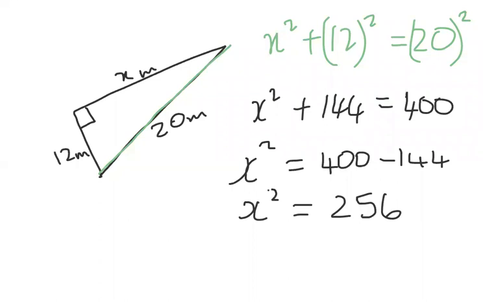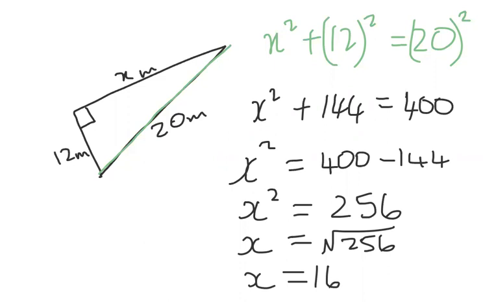So x squared is 256. So x is the square root of 256. That gives x equal to 16. And the 16 over here is now not centimeters like the previous sum, but meters, because like I mentioned, everything is meters. So this side over here is 16 meters.